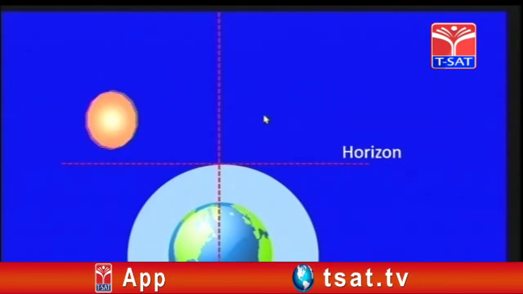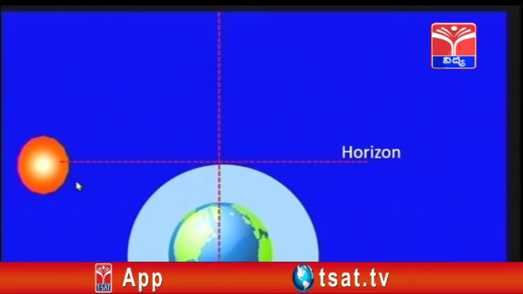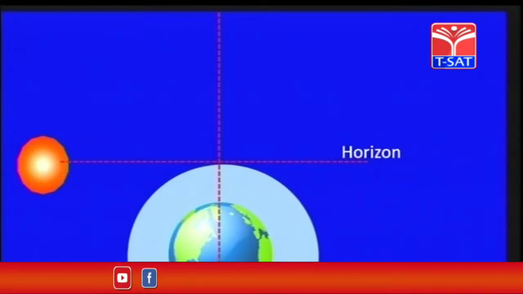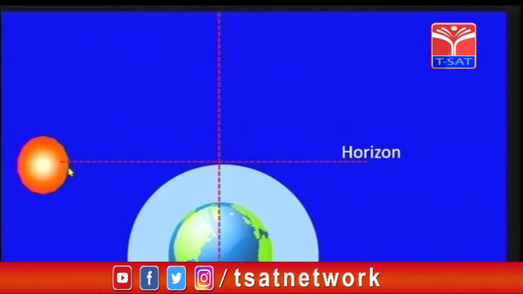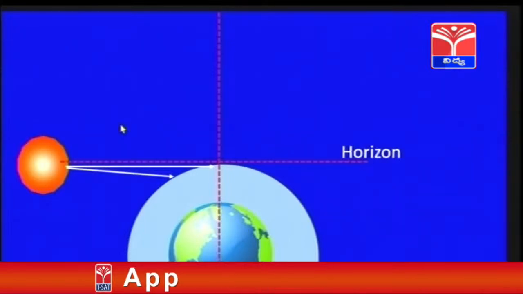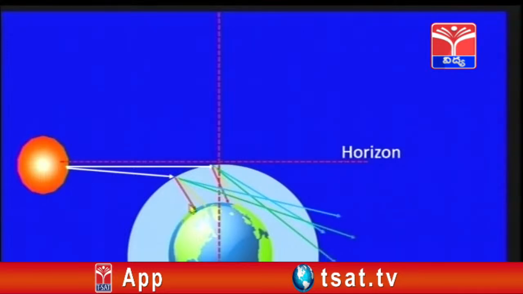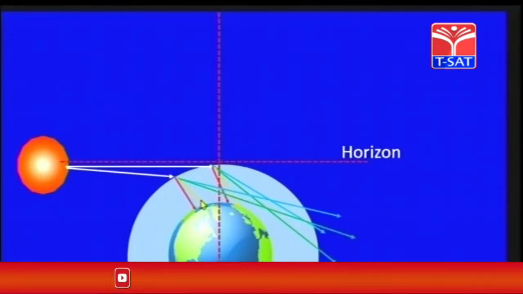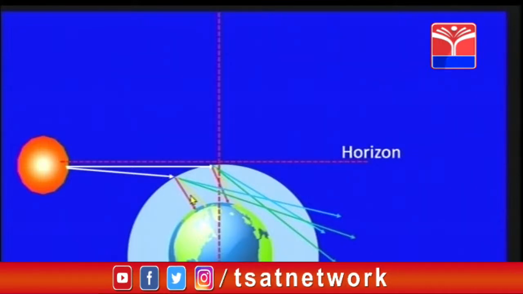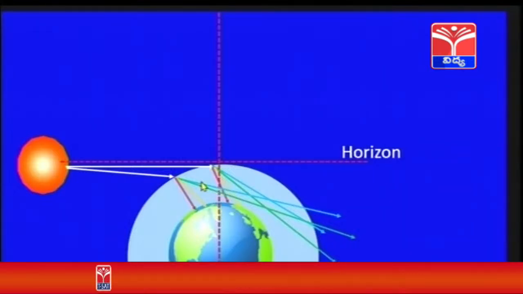But at the time of sunset and sunrise, in the morning and evening, the sun is near the horizon. So when it is near the horizon, the light rays coming from the sun enter the atmosphere and get scattered. The red and orange region light rays reach the earth, and the remaining blue region light waves escape from the atmosphere.